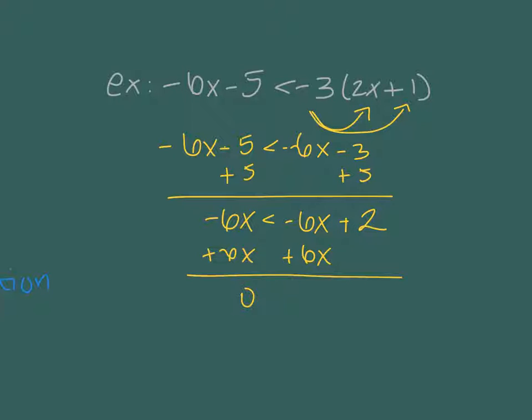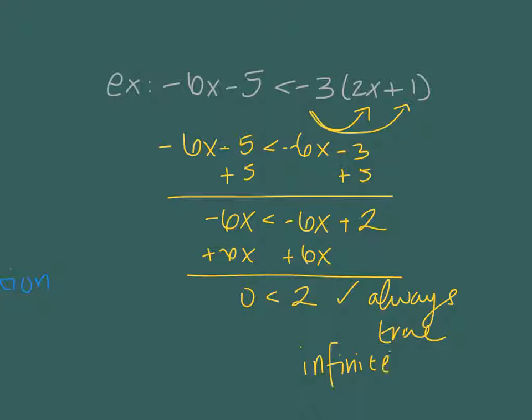And I get 0 is less than 2, which is always true. Since this is always true, that means that there are infinitely many solutions, or all real numbers.